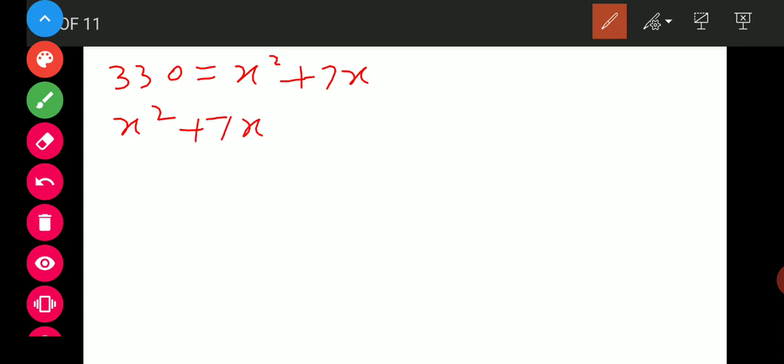So it becomes 330 is equal to x square plus 7x. So x square plus 7x minus 330 is equal to 0.